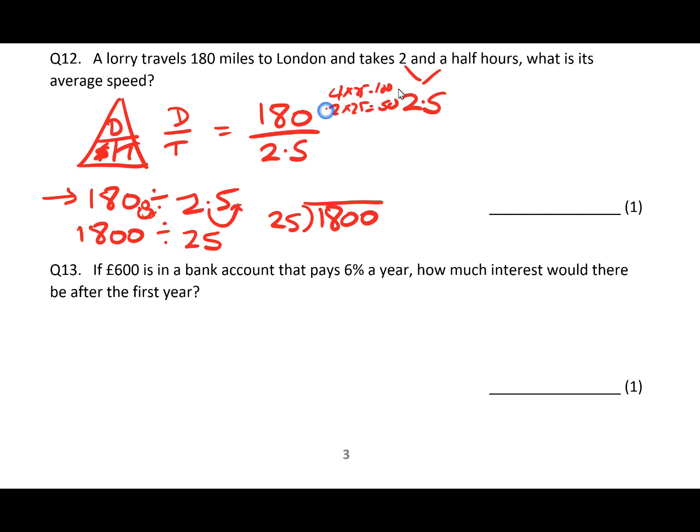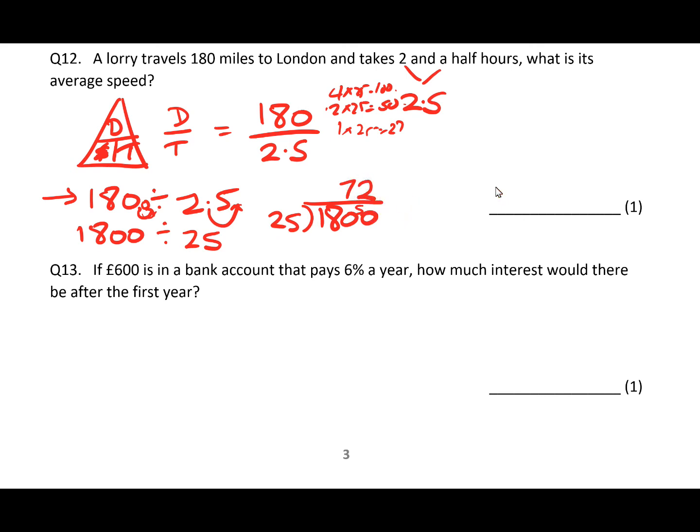Well, I know 6 25s are 150. If I add another 25, I end up with 175, which is about as close as I can get to 180. So 25 into 180 is 4, 5, 6, 7. And that gives me 175. So I have a remainder of 5. And 25 goes into 50 twice.